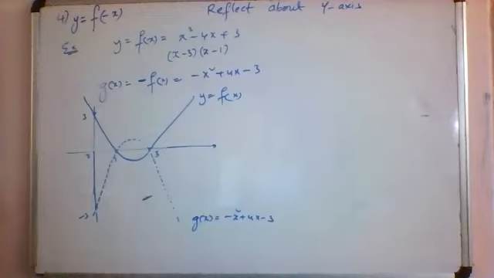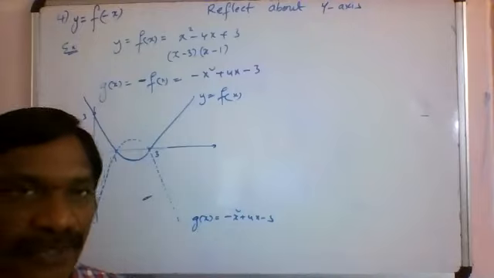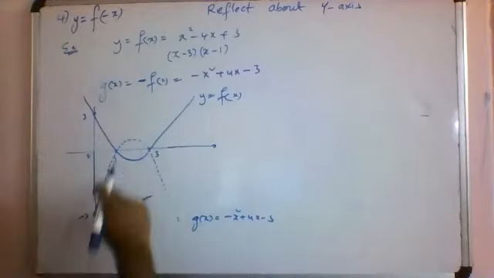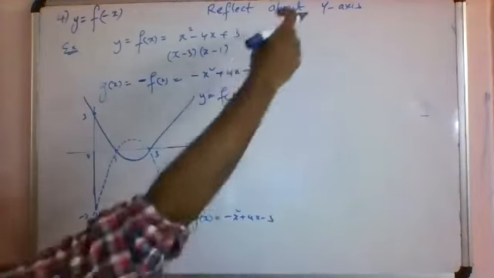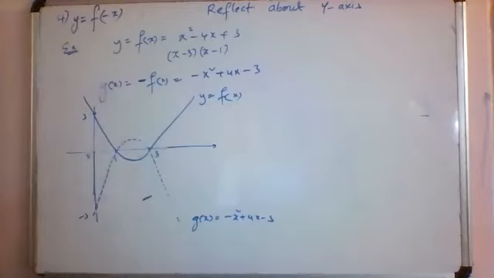When minus comes for the function itself, reflect about x-axis. When minus comes for only x, then reflect about y-axis. In the previous case we reflected about x-axis, now in this case you have to reflect about y-axis. You remember that.